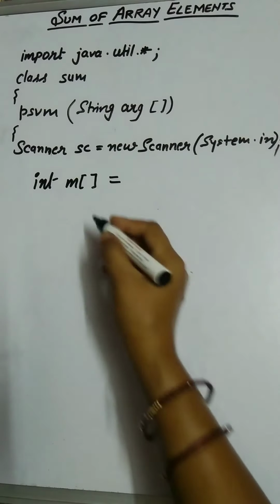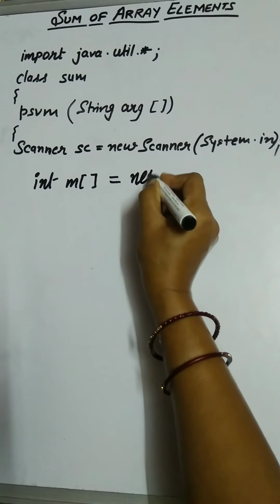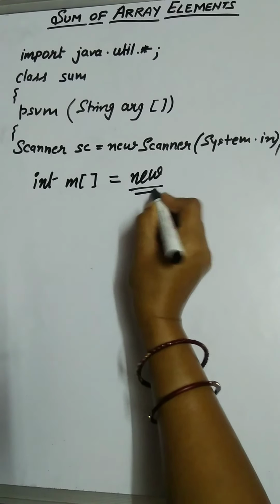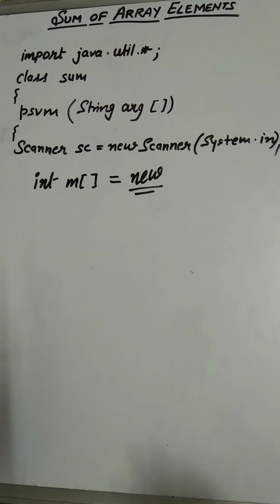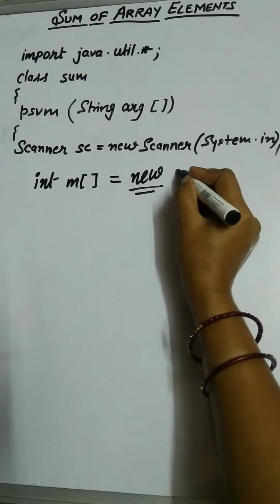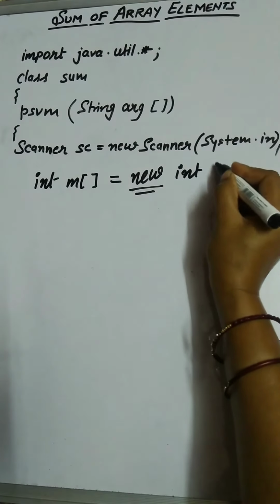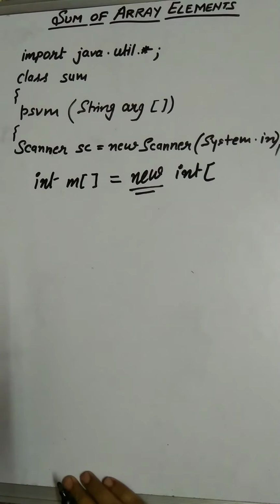After this, the new keyword is required to declare an array, because we have to create the dynamic memory for the array. New keyword, then data type, then size of the array. How many elements do you have to store?